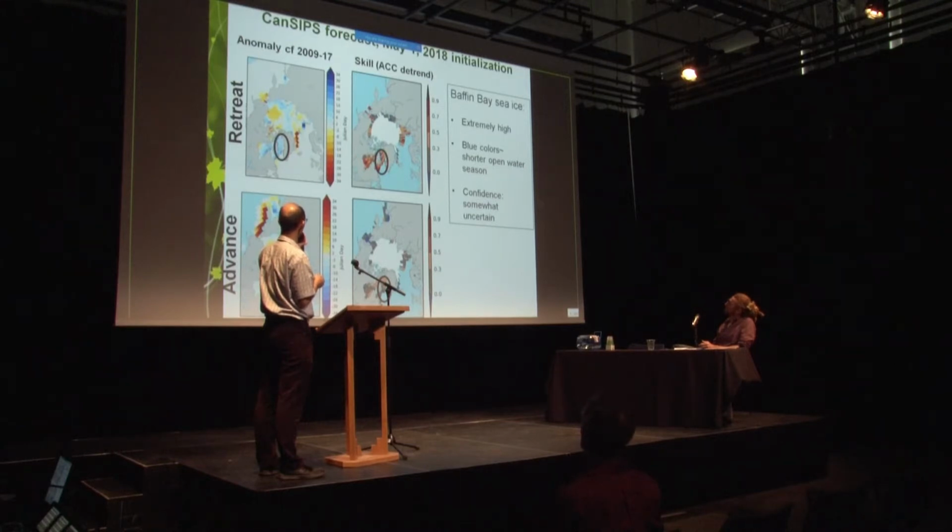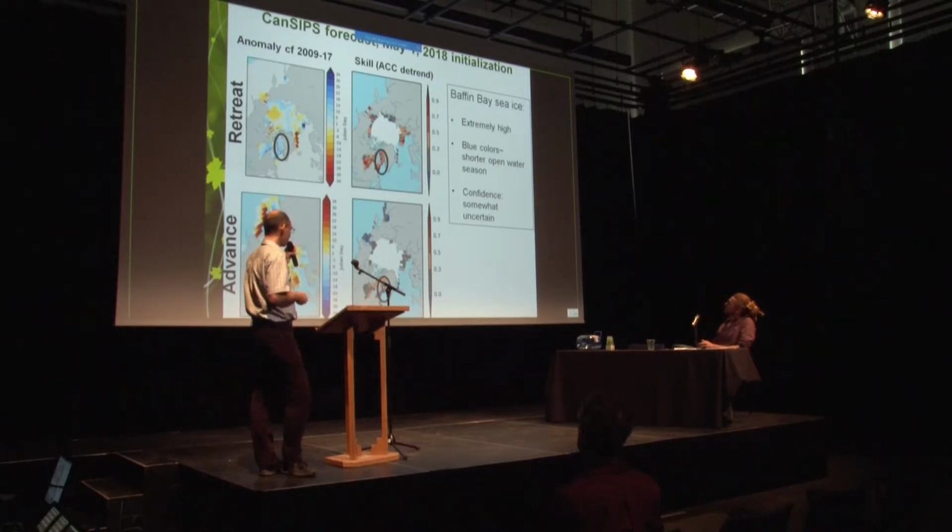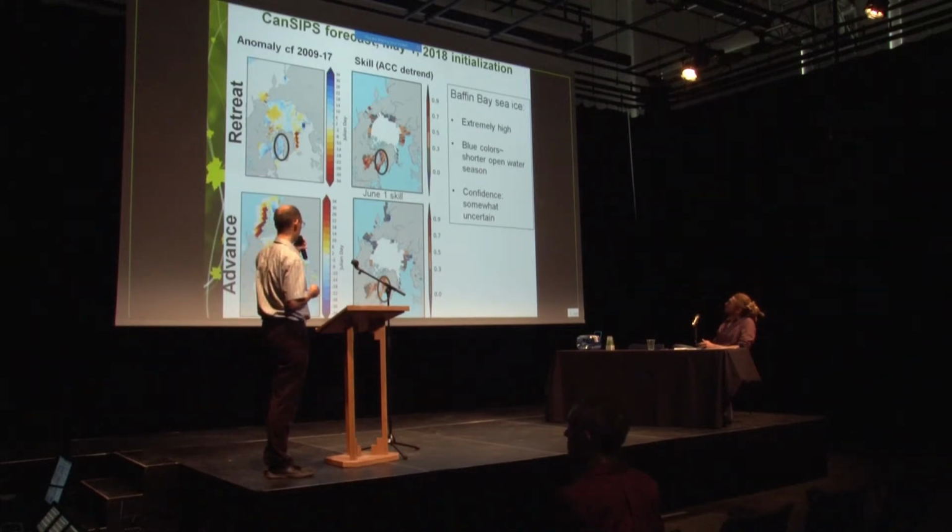It's significant for the retreat date, but not yet quite significant for the advance stage. If we wait a few weeks and initialize on June 1st, we will expect some skill for the advance date. So our June 1st forecast might be a bit more skillful.